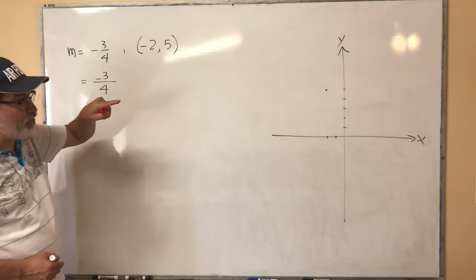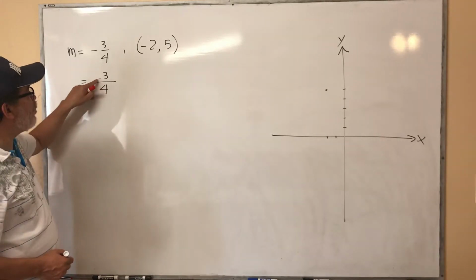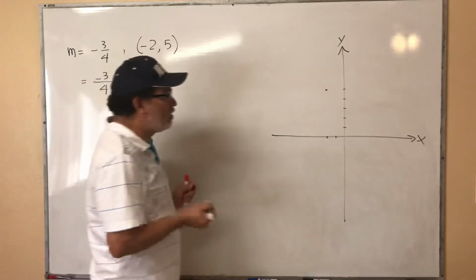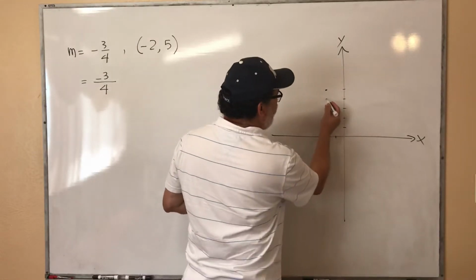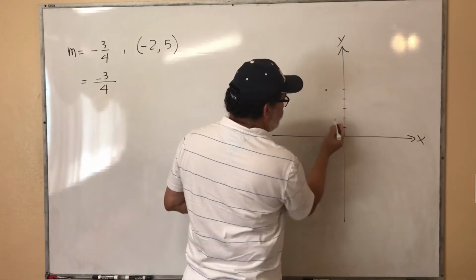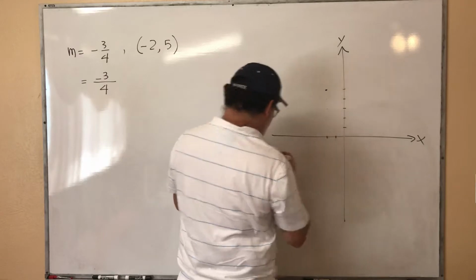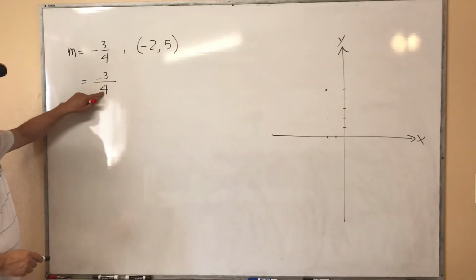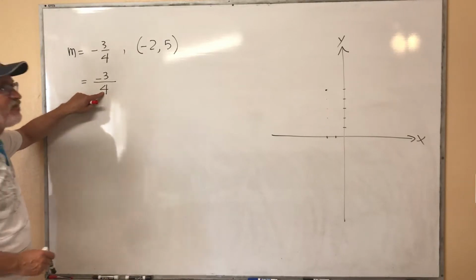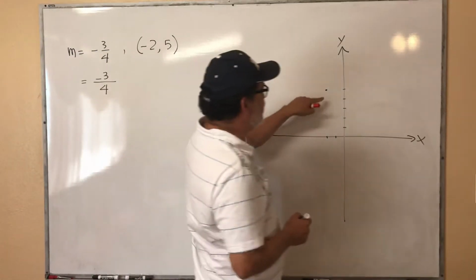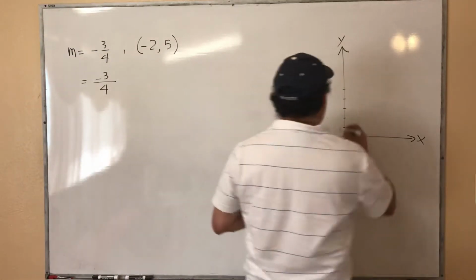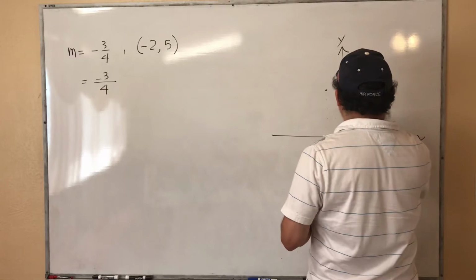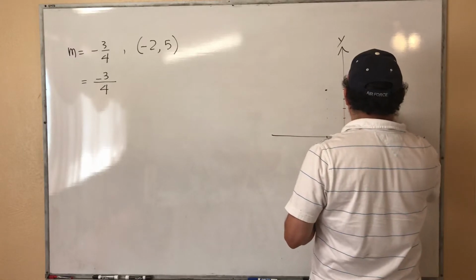From this point, 1, 2, and 3 down because it's negative. And I'm gonna run 4 to the right because it's positive. The denominator is positive. So rise 1, 2, 3, and run 1, 2, 3, and 4 to the right.